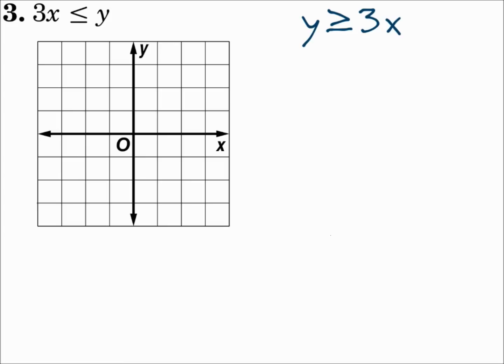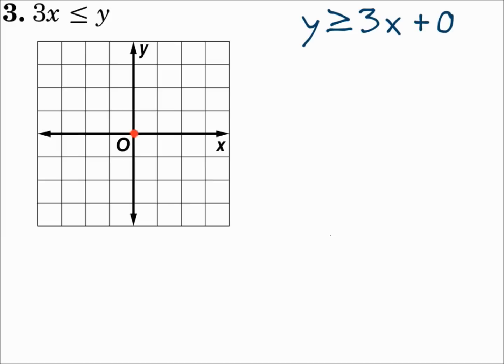Now let's think of this being in slope-intercept form. Y equals mx plus b. Well, we don't have plus anything, and since we don't have a plus anything, that's really a plus 0. Since it's greater than or equal to, we're going to have a solid line. So let's find where that line goes. Start with the y-intercept, which is 0, put a point, and then use the slope.